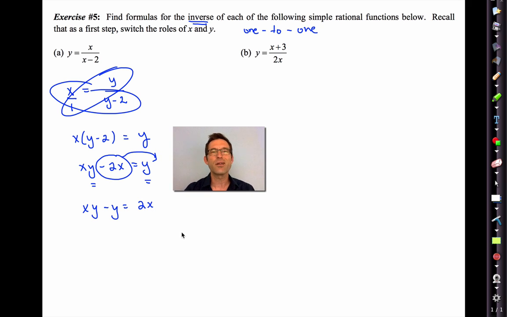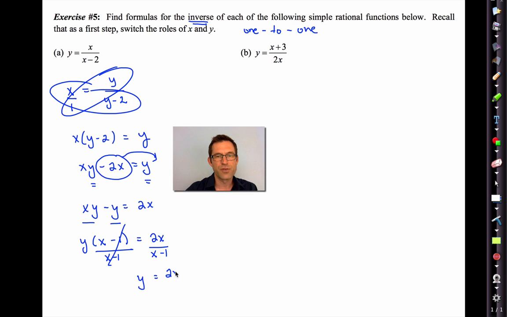Now, I'm still a little bit unclear about how to solve for y, but this is what we're going to do. We're going to take these expressions, and we're actually going to factor a y out. That's going to leave me with y times x minus 1 equals 2x. And then I'm going to divide both sides by x minus 1. So the inverse function is 2x divided by x minus 1.